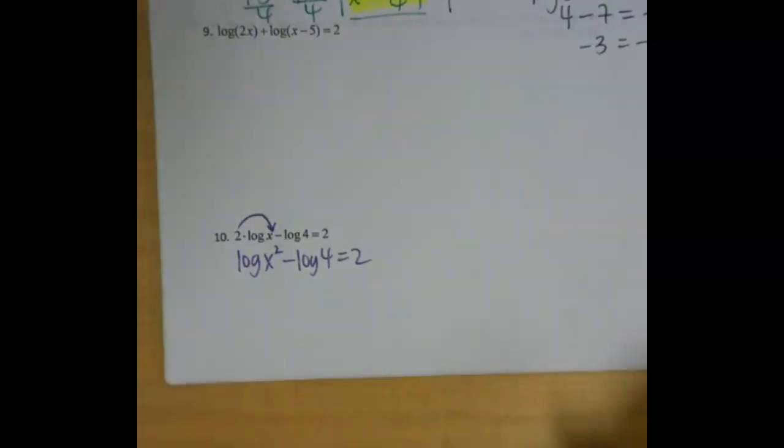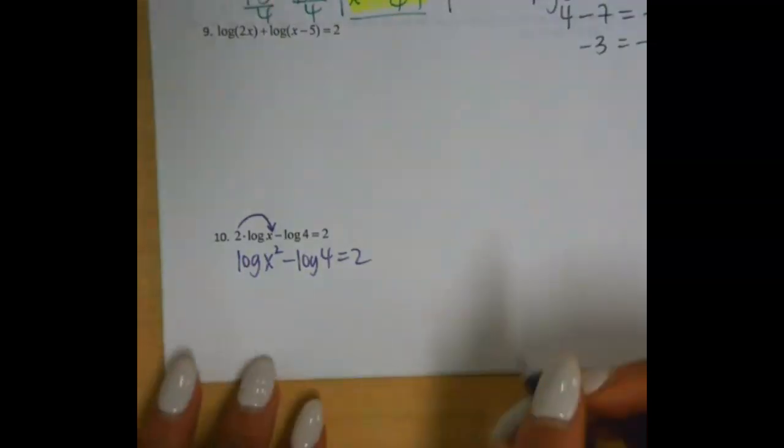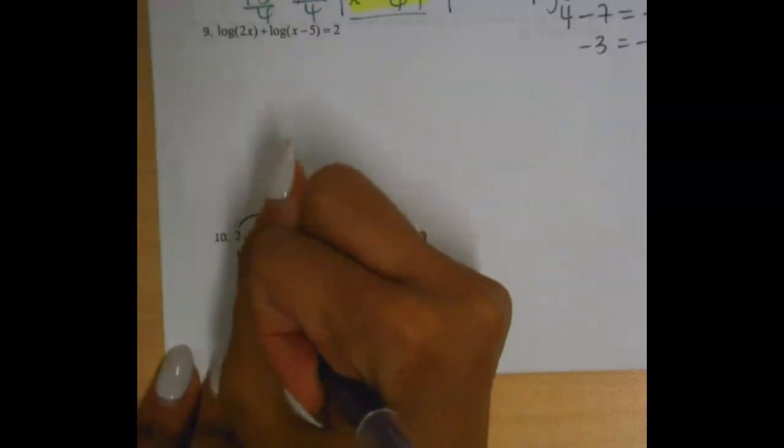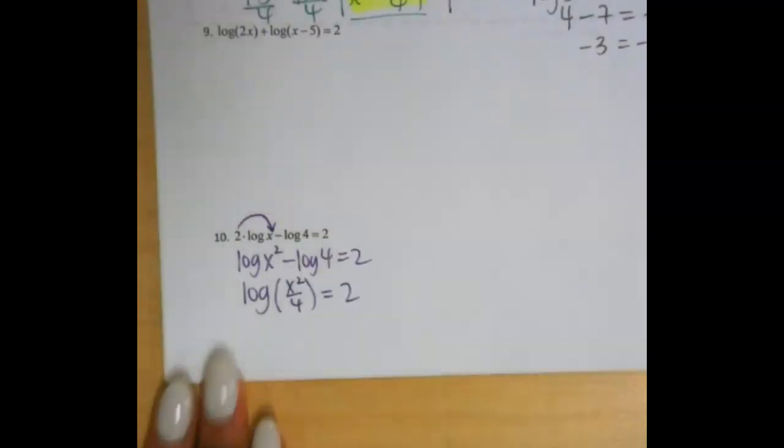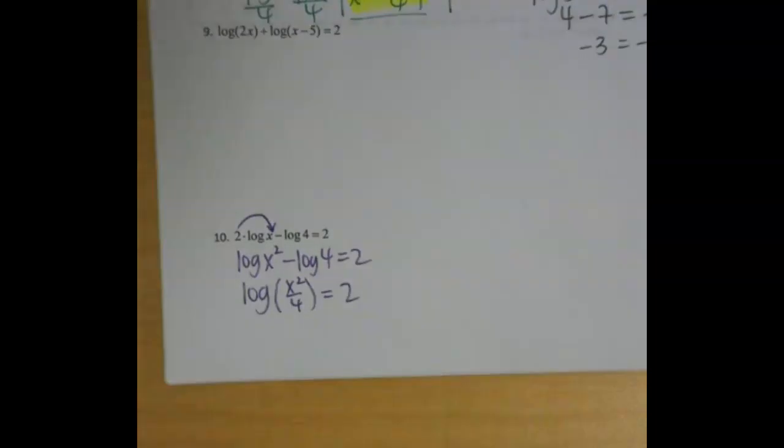Once you condense by moving that exponent, now I would write it as a quotient. So common log of x squared over 4. And we're going to set that equal to 2. And it says to isolate, so I've already had my log isolated. It now says to write it in exponential form. What's the base here?